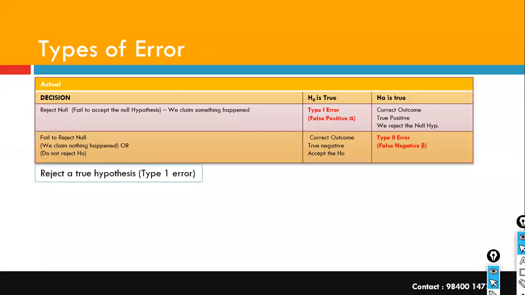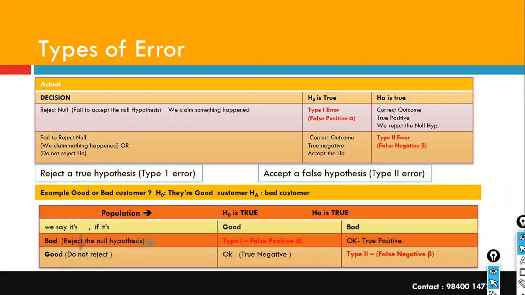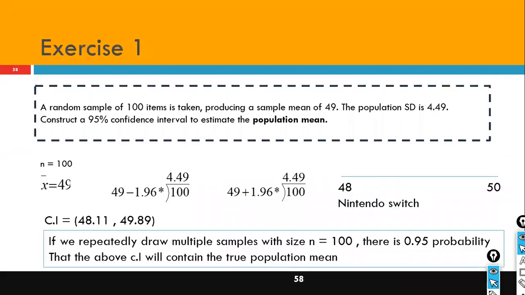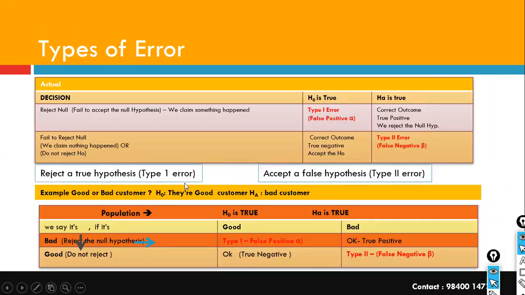So type 1 error and type 2 error are very dangerous. Now we will look at when it is dangerous and when it is not so dangerous, with this example. H0: the person is a good customer, whereas the alternative hypothesis is a bad customer.